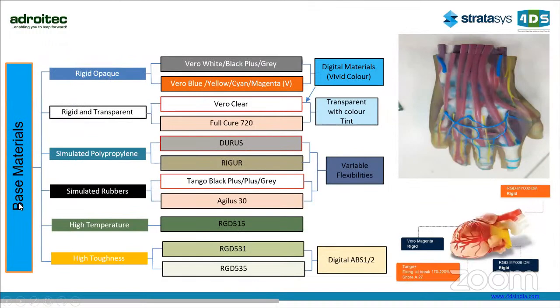We have a wide variety of materials in PolyJet, like rigid opaque, rigid transparent, simulated polypropylene, simulated rubbers, high-temperature materials, and high-toughness materials. In high-toughness materials, we can even print digital ABS. You can see this is a heart model with different color combinations and different textures over here.